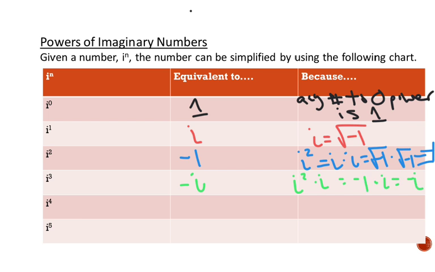So that's why it's equal to negative i. i to the fourth is equal to positive 1 because i squared times i squared will give you i to the fourth, but we know i squared is defined as negative 1, and negative 1 times negative 1 will give us that positive. i to the fifth is equal to i, because that's the same thing as i to the fourth times i. Well, i to the fourth we just said was 1, so 1 times i is equal to i. And then it's just going to continue in a pattern.